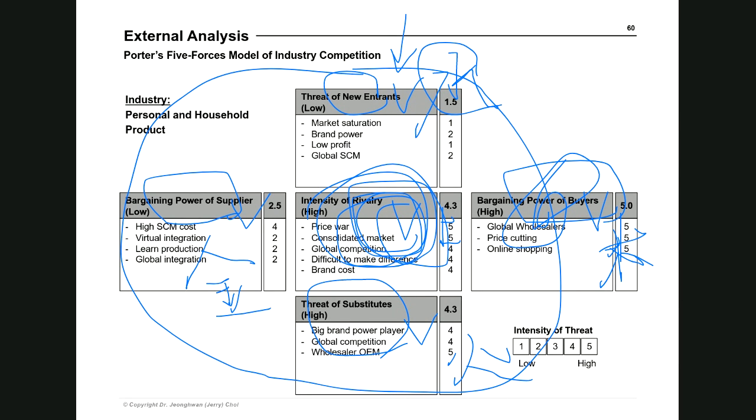The new entrant is like water: it penetrates slowly and silently into the market, and you cannot identify it. On the other hand, the substitute suddenly comes from the boundary.